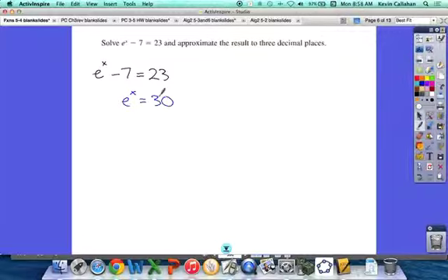Well, if you're going to match the base of the exponential with the base of the logarithm, it's ln, right? So do ln of e to the x equals ln of 30. And then how does the left-hand side simplify? ln of e to the x equals x, right? The base of e matches with the base of e, so it all simplifies to the exponent. So put that in the calculator. 3.401.